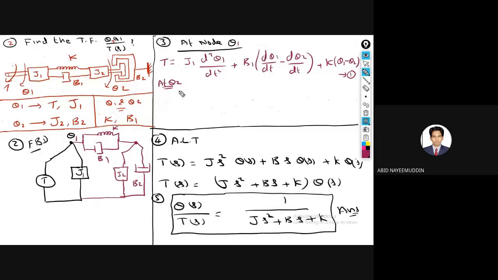And similarly at node theta 2, what will be the equation? LHS is 0 as there is no torque.